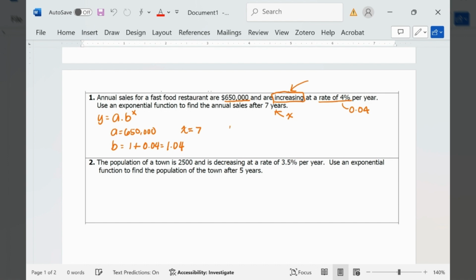So I'm going to rewrite this again. y equals 650,000 times parenthesis 1.04 raised to 7. They're looking for the value when it's 7 years. So I'm going to type it in my calculator. I'm going to use Desmos. So this is 650,000 times 1.04 raised to 7 years.